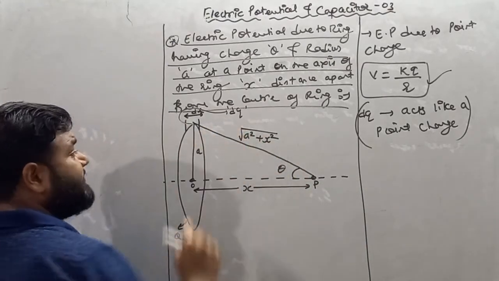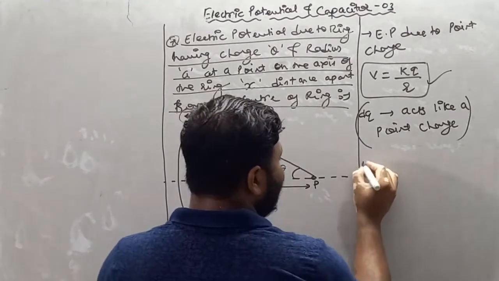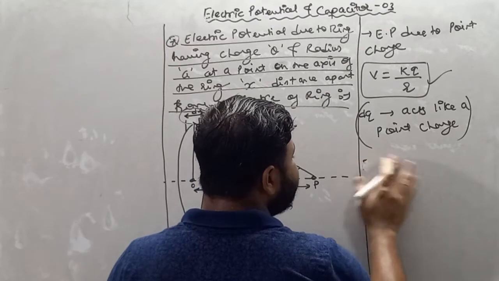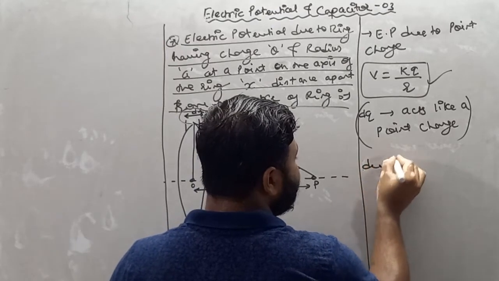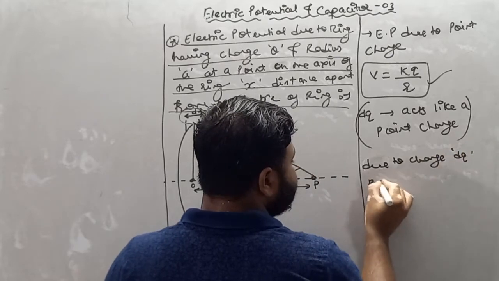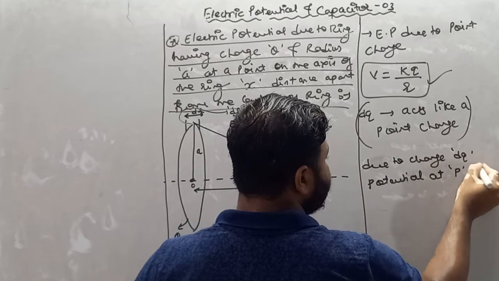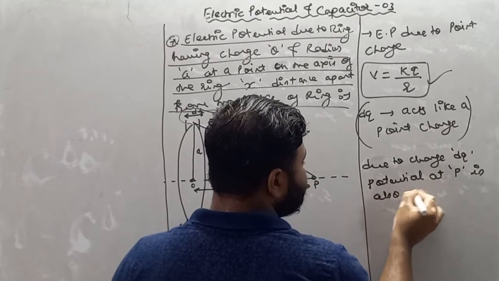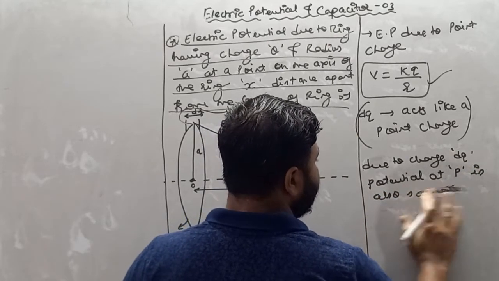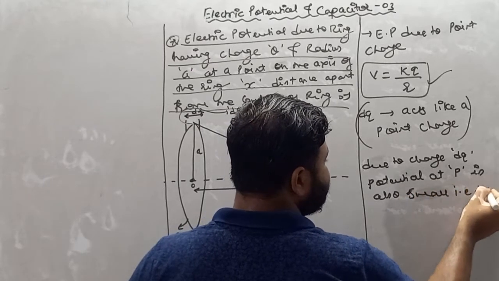Now see, if the charge is very small, then the potential is also very small. So due to charge dq, the potential at P is also small, that is dV.